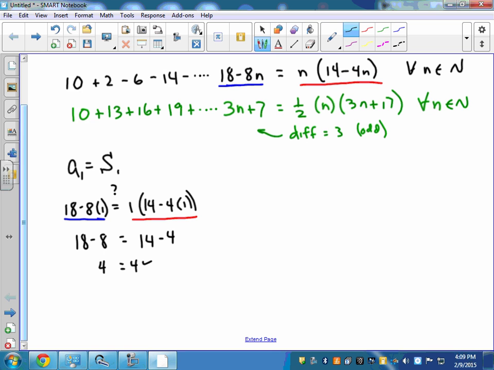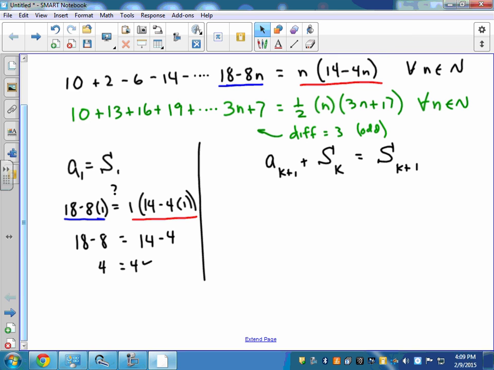Okay, so that's true. Now, for the second statement we have to show a sub k plus 1 plus s sub k is equal to s sub k plus 1. And again, very similar to what we just did. For this k plus 1 statement, you're going to go into the nth term generator and replace the letter n with k plus 1. So I have 18 minus 8 times k plus 1.